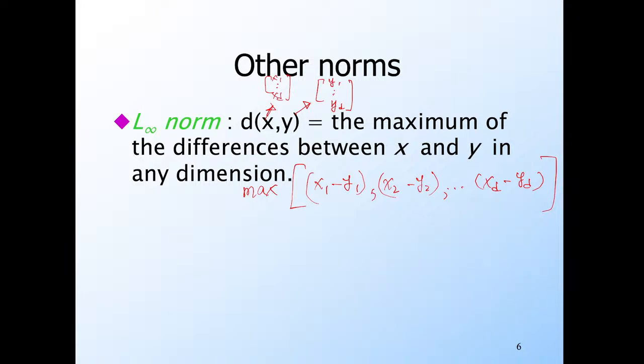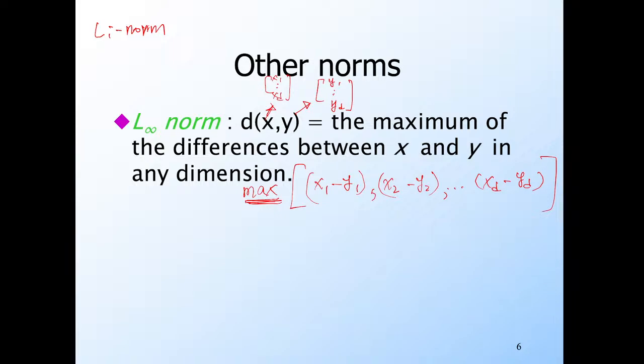Oh, by the way, the max here is not very accurate, how should I denote it? Maybe let me show you the formula of the Li norm, and then let's come back to the L infinity norm.